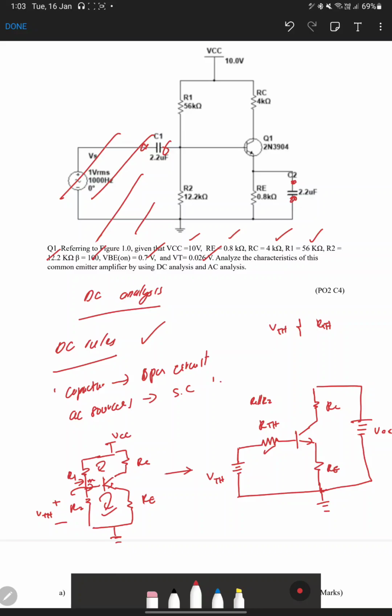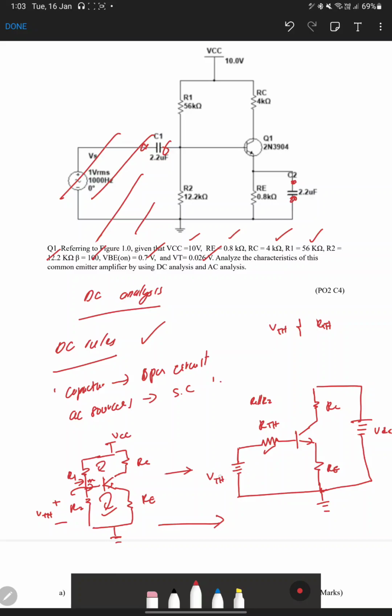To make it simpler, we convert this circuit into the normal circuit. If we redraw, we have VCC, RC, RE, and on the base side a resistance, which we call RTH, and a voltage, which we call VTH.